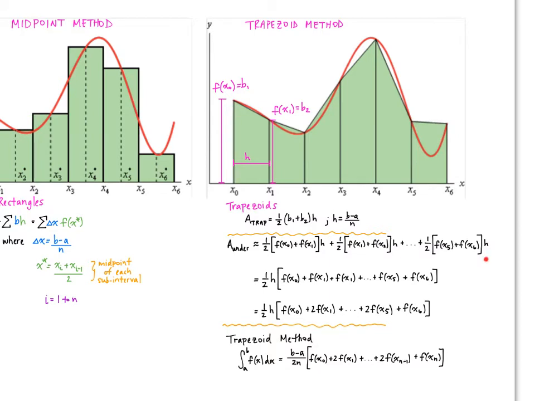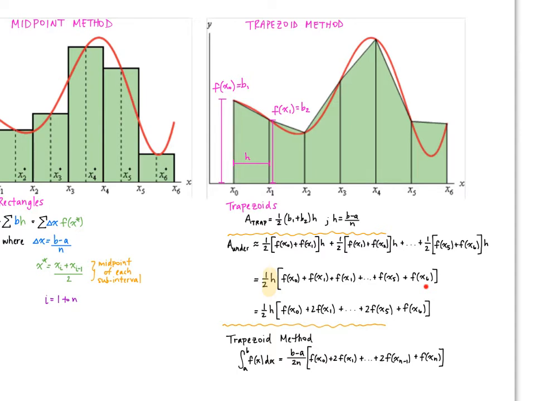If we clean this up, we can factor out a 1/2 and the h. What we should notice is that we have one f of x0, two f of x1s because the first trapezoid and the second trapezoid each have f of x1, and continuing on, two f of x2s, two f of x3s, etc., and then only one f of x6.